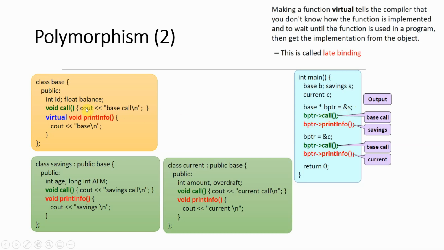It's always going to call the base call function. However, for print info, it's going to call the savings print info function. Late binding: it looks at BPTR and at what object it is pointing to. Because it's an object of class savings, it's going to call the print info of class savings.